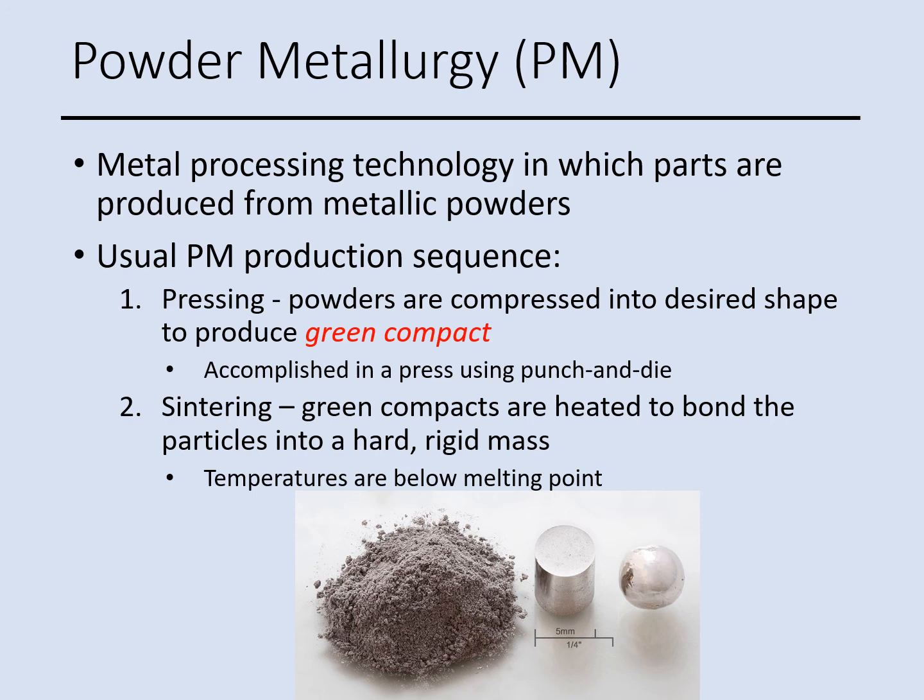The next step is sintering, where we take the green compact and heat it to a certain temperature. The temperature can be very high, near the melting point, but it doesn't melt the powder. The word green means the part is not fully dense, or not completely processed yet.